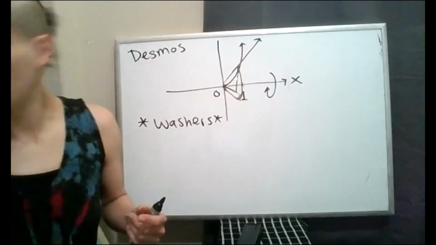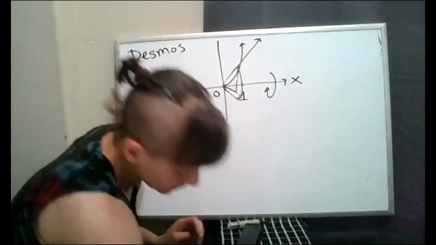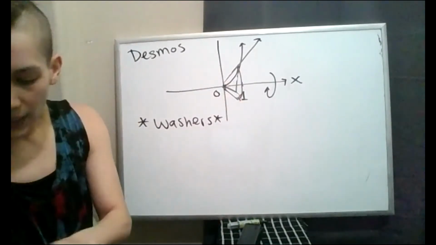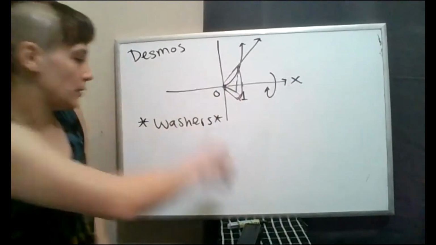So we're going to draw what's going on, make sure we know what the outer function is and what the inner function is. Put it into volume.